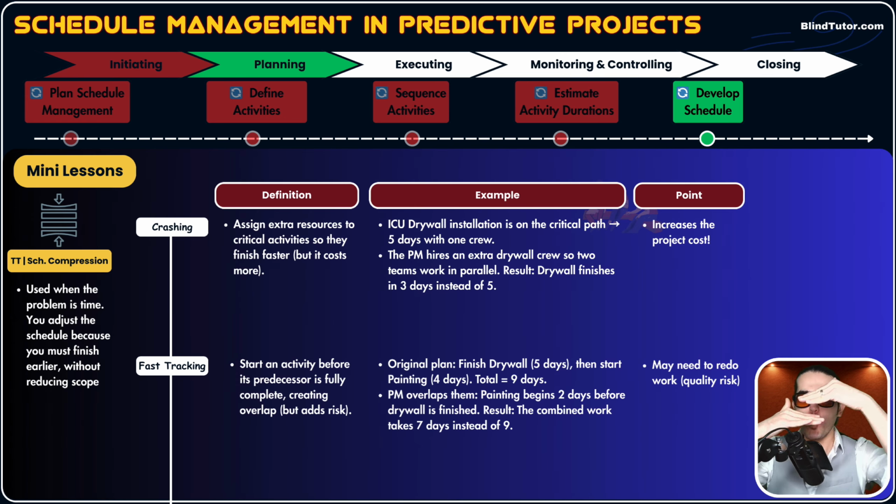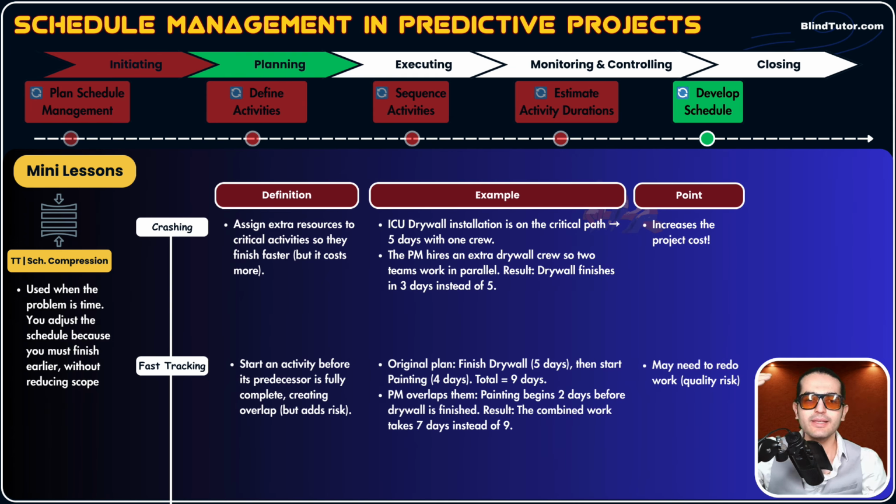Leads, remember? Overlap. For example, the original plan says finish drywall, which is 5 days, then start painting, which takes 4 days. This is our original plan. Finishing these 2 activities takes 9 days. Now the sponsor comes to you and says, hey, finish it earlier. The PM overlaps them. What does this mean? It means painting begins 2 days before drywall is finished.